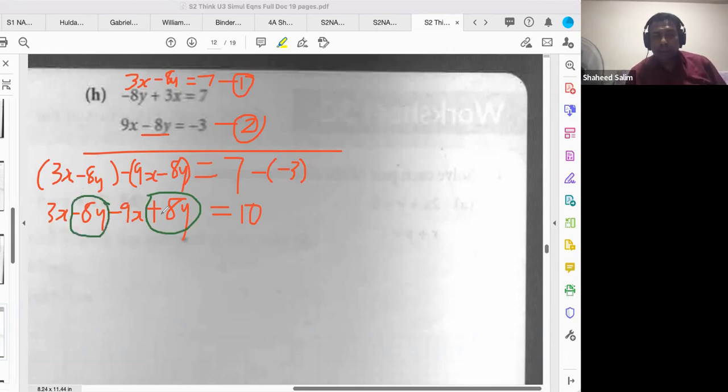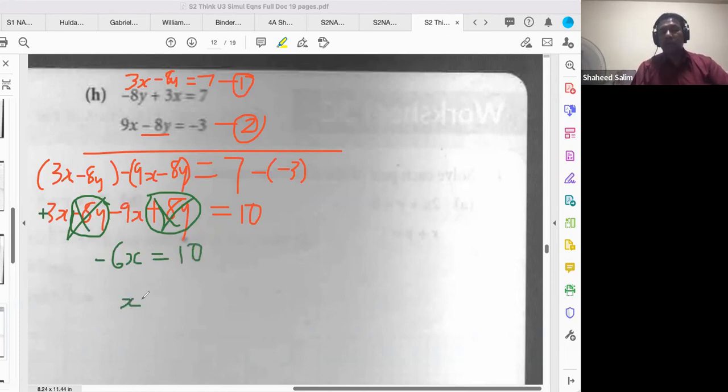Notice I circle the sign in front because the sign in front belongs to the number. Remember, when there's no sign, it's plus. So plus 8y minus 8y is no more y. So 3 minus 9 is minus 6x equals 10.